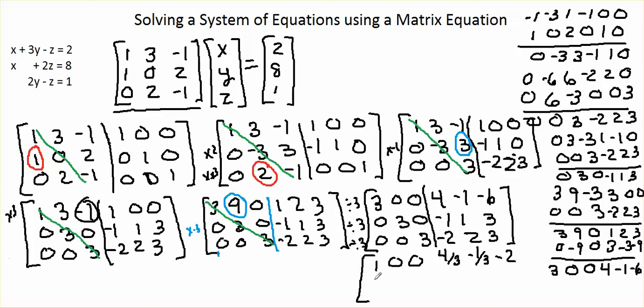We get 0, 1, 0, -1/3, 1/3, and a 1. And then last, we get a 0, 0, 1, -2/3, 2/3, and a 1.